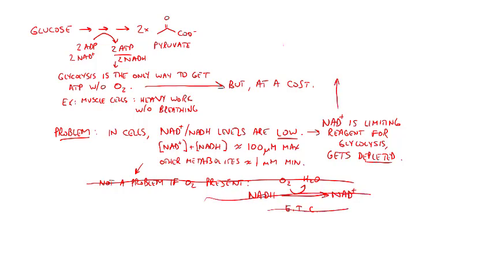So that means that if oxygen is scarce, we must regenerate NAD plus somehow. And the way that we regenerate NAD plus is by reducing pyruvate.